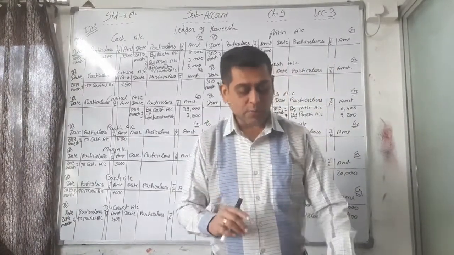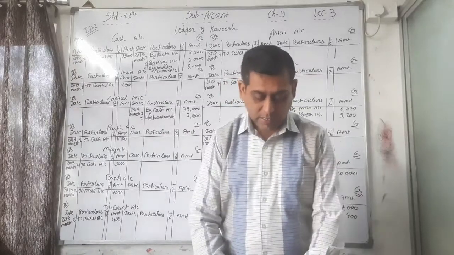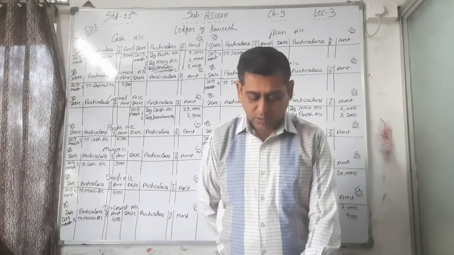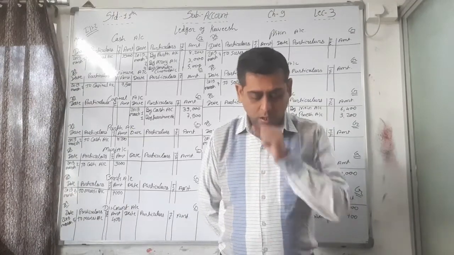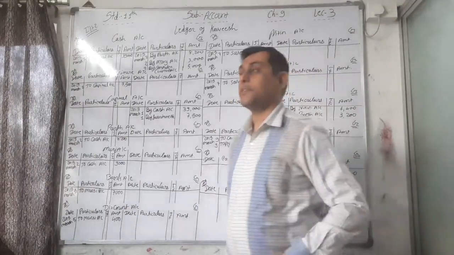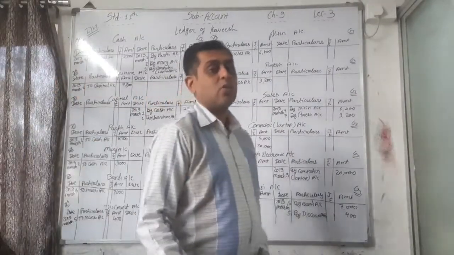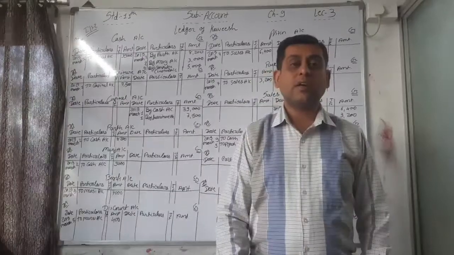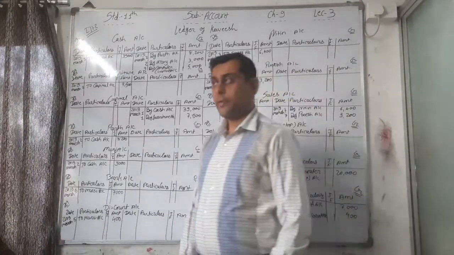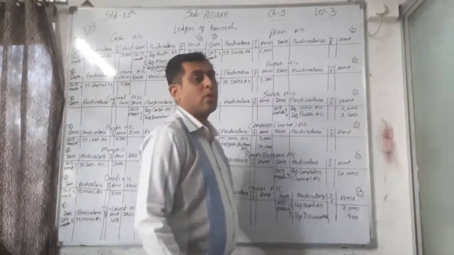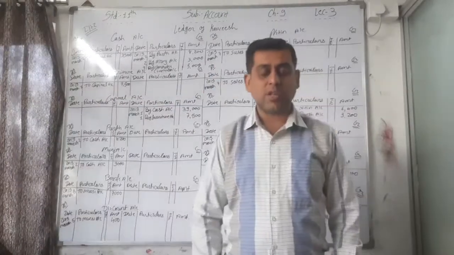Okay. And the last entry, on 6th May, goods of rupees 7500 are sold to Hia, sorry, at cost price. So at cost price directly we are selling the goods to Hia. That's why in the date column 6th May, name of customer Hia's account, and the amount column directly 7500, nothing else.